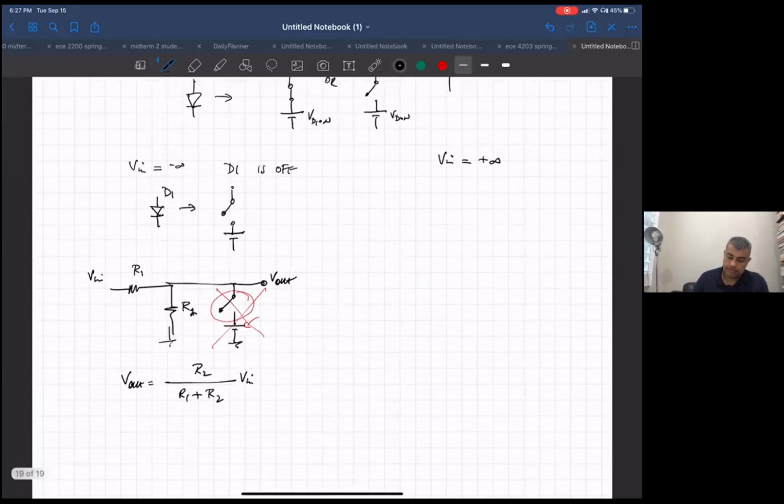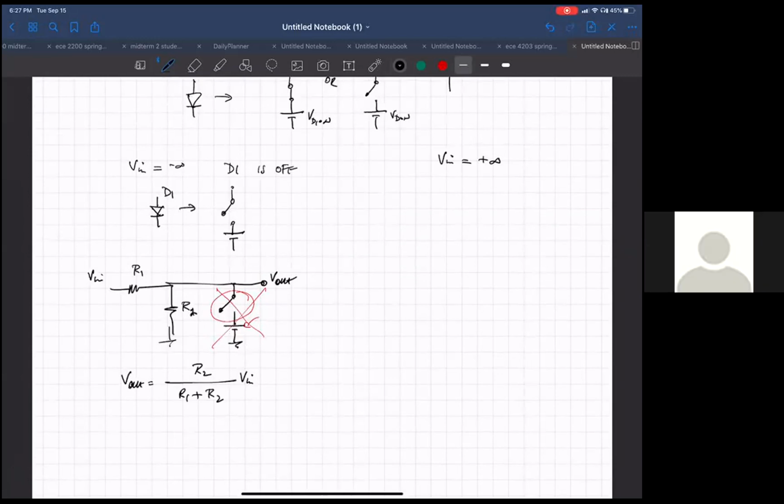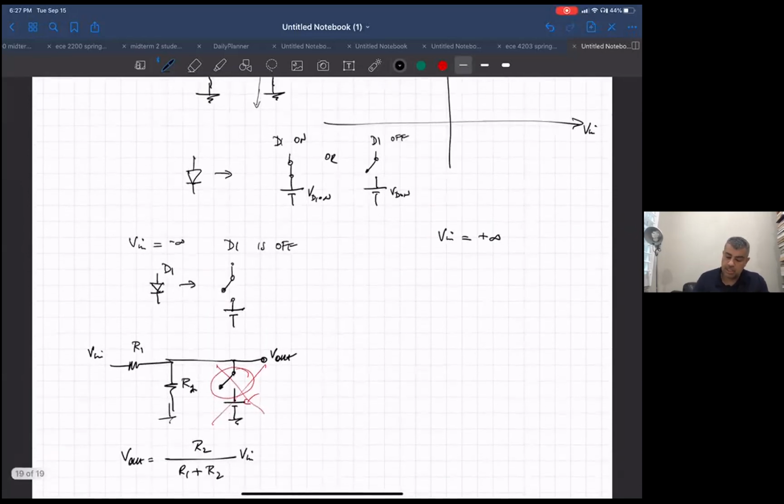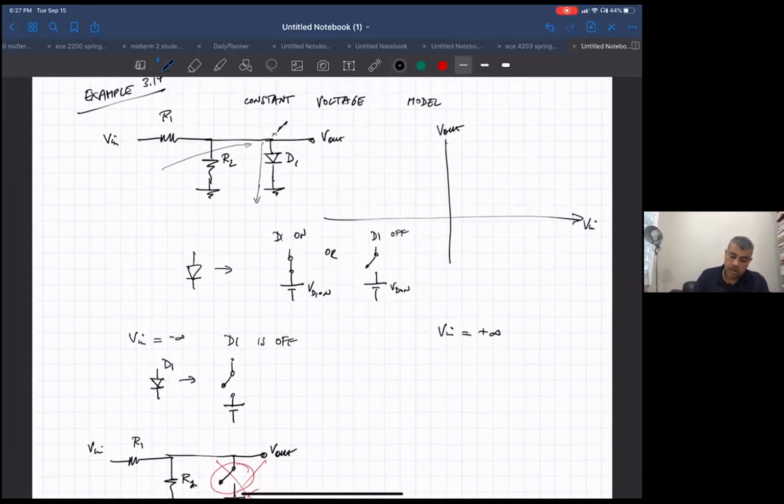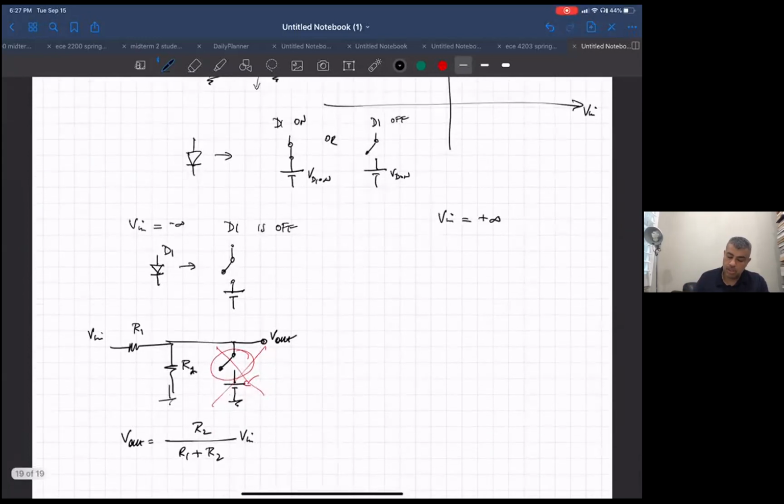Okay. Did everybody get there? Yes. Okay, awesome. So we aren't even using our brains here. We're just assuming Vn is minus infinity, Vn is plus infinity. So here, Vn is plus infinity. We're dragging this node so high that we're assuring that D1 is on.